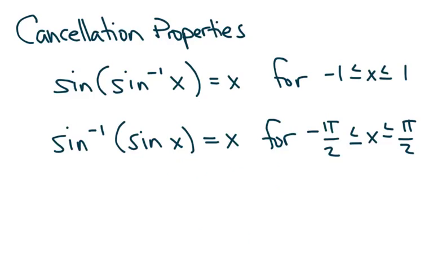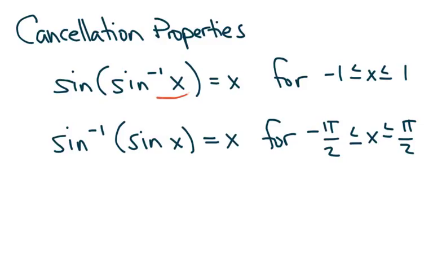We had learned that there were these inverse properties that when utilized on one another would cancel each other, kind of like natural log and the exponential function e. Well, sine and inverse sine do cancel each other under certain conditions. If you're taking the sine of the inverse sine of x, they cancel for the domain from -1 to 1.